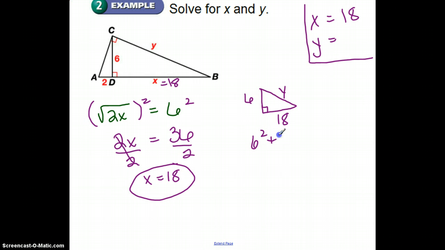So 6 squared plus 8 squared equals y squared. So if I go to do this, 6 squared would be 36. 18 squared is going to be 324. So together this would give you 360.